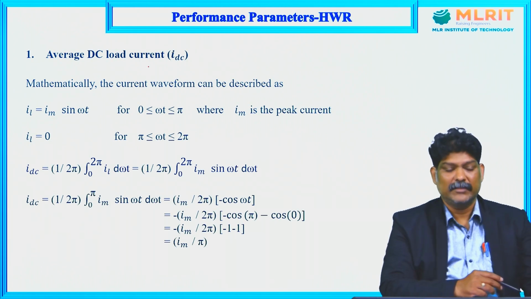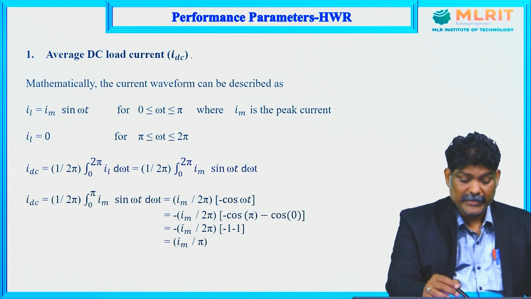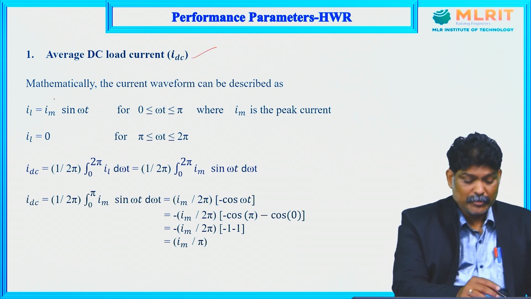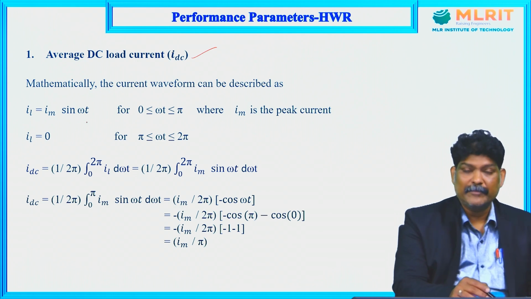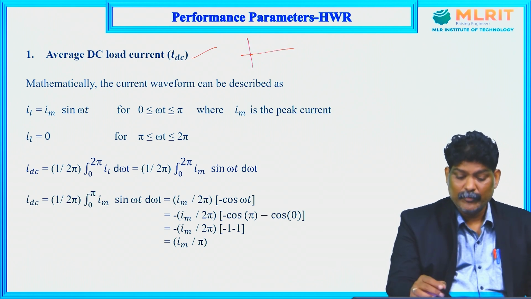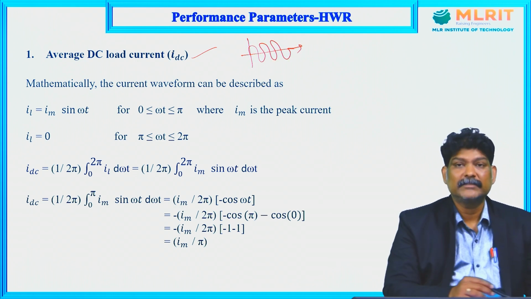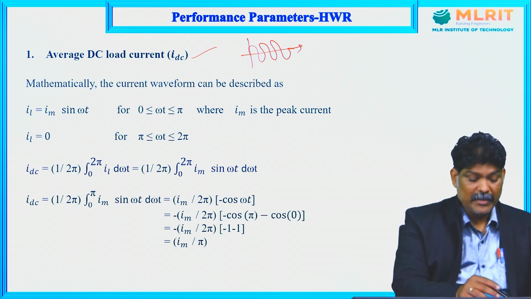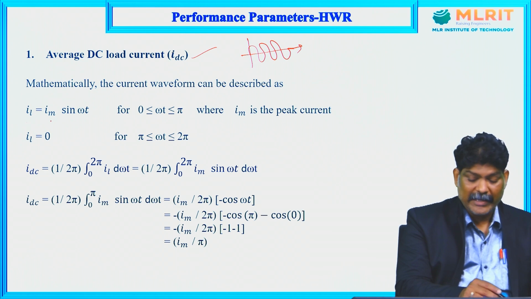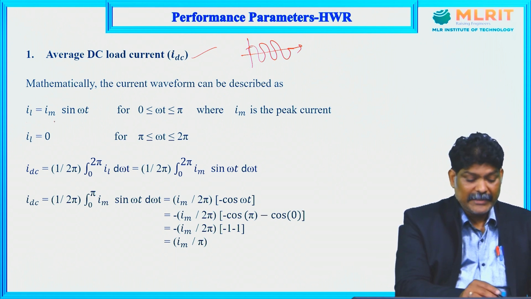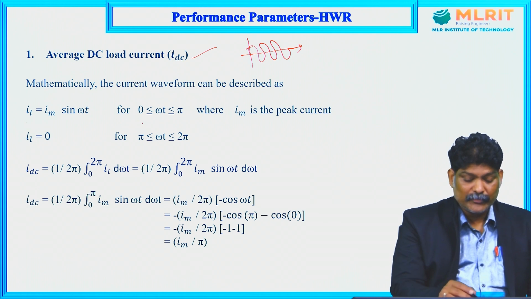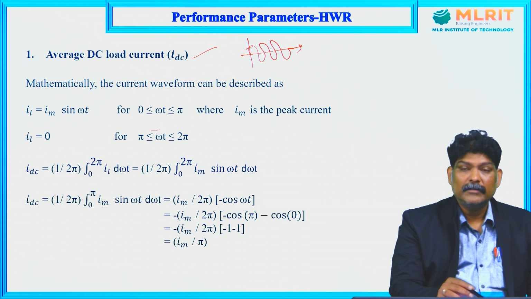Average DC load current, so that is represented with IDC. Mathematically the current waveform can be described as IL is equal to Im sin omega t. We know the input signal is represented with a sinusoidal AC signal. See here, Im means the maximum peak value. This IL is equal to Im sin omega t holds good when your signal is between 0 to pi.